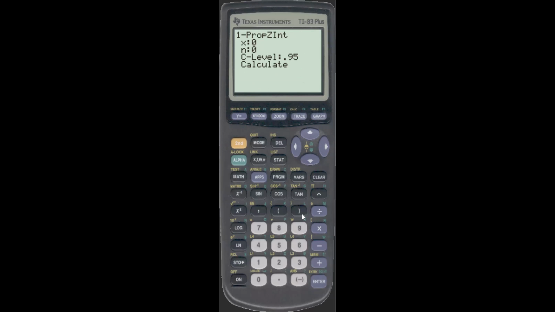So this is asking for X. X is the numerator. X is the 18. And there was an issue last time where I said X has to be a whole number. That's still the case. C is 0.9.